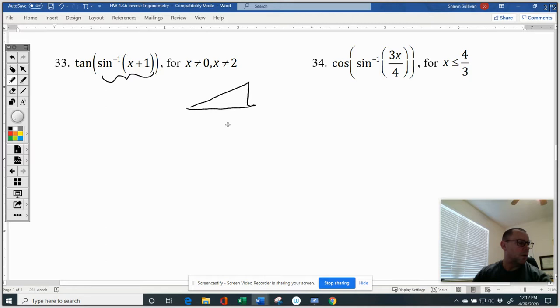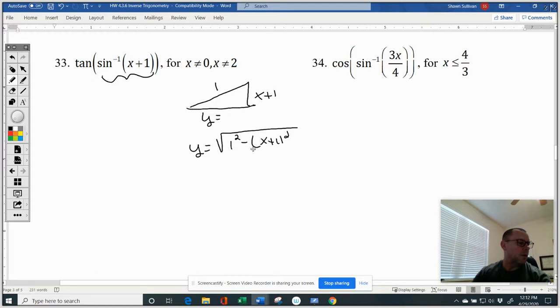Sine is opposite over hypotenuse, so the opposite is x plus 1. There's no denominator here, but there's an implied one. We need to figure out our y value, and using the Pythagorean theorem, y is equal to the square root of 1 squared minus (x plus 1) squared.